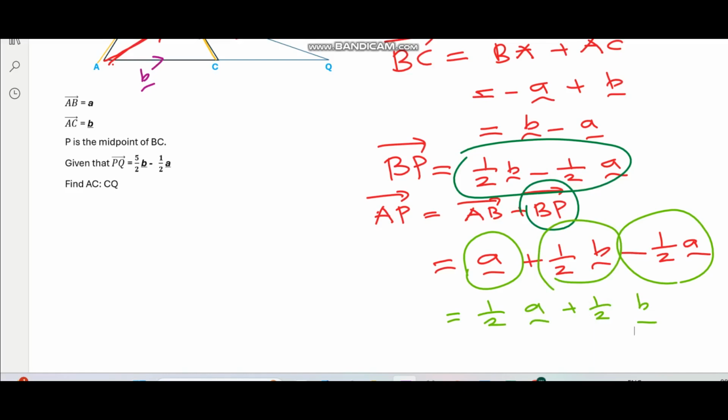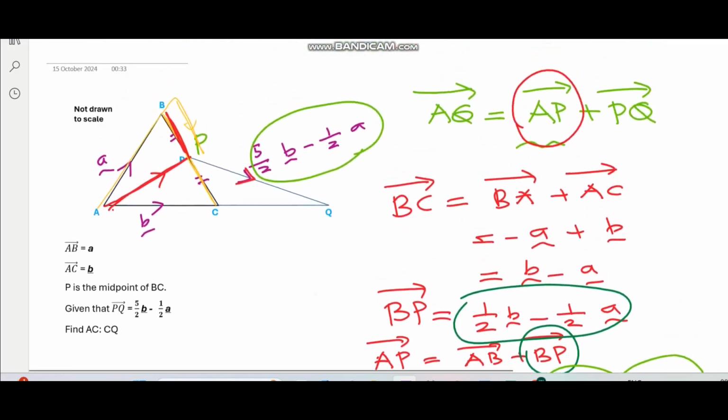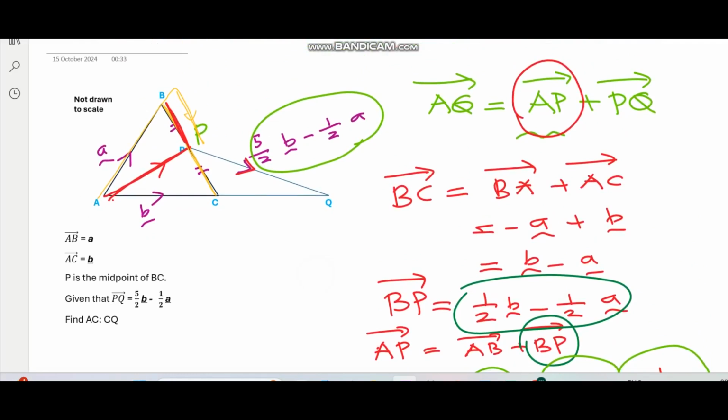So let's go back to what we were trying to do in the first place. You're going to work out what AQ is. We knew what PQ is in terms of A and B, and we just worked out what AP is in terms of A and B. So we're going to sub all that and see what we get for AQ.